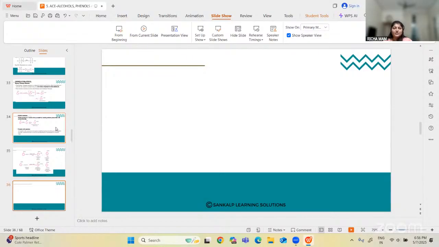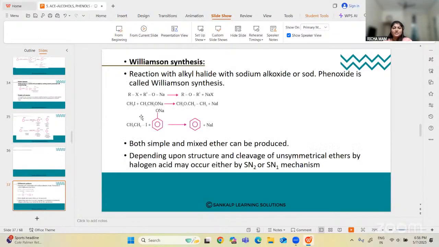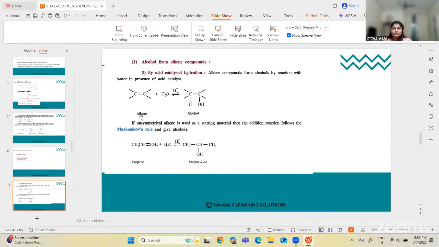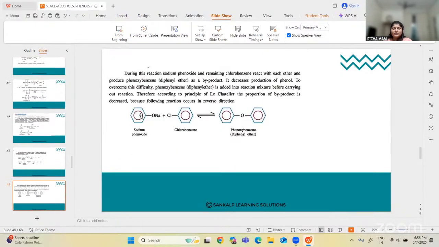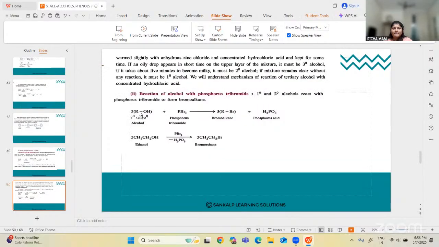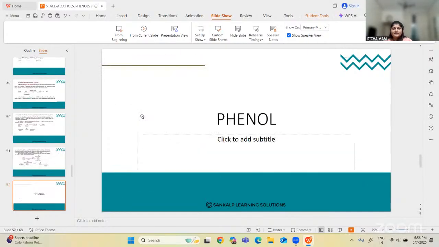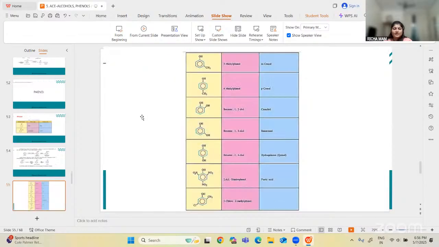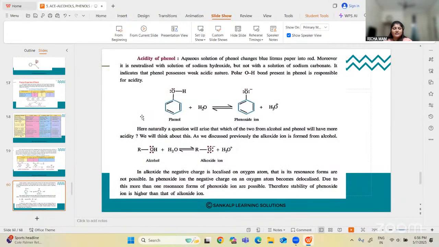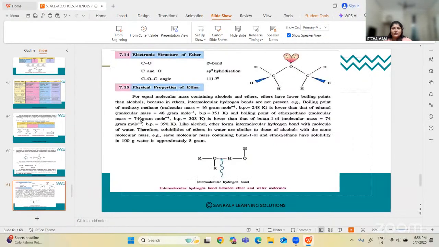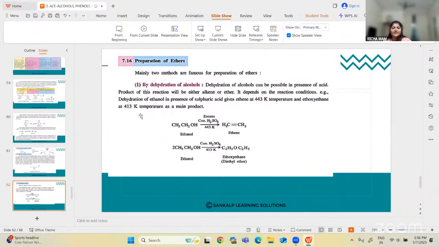Then we have seen halogenation and bromination. So these different reactions we have seen.